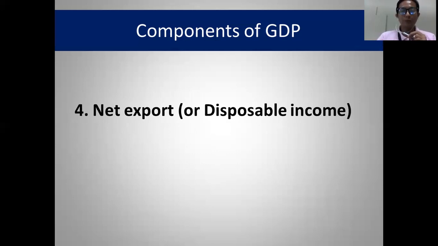Why net export? Export refers to the products or goods and services we sell to the other economy or to the other country. For example, we export bananas, we export labors, we export mangoes.